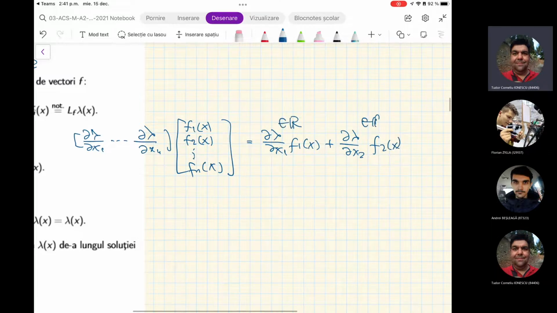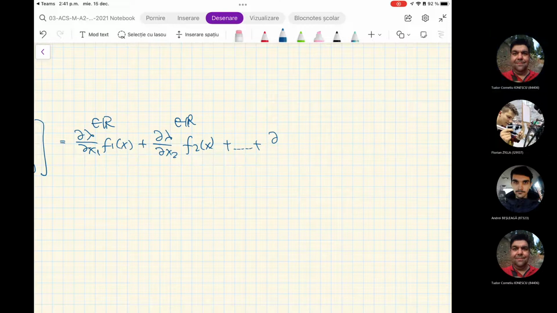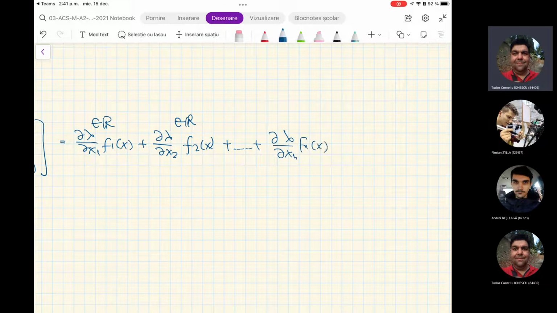These are all scalar terms. Plus and so on and so forth. Plus d lambda dxn fn(x). Okay, this is also scalar.